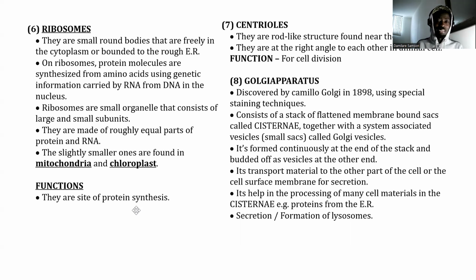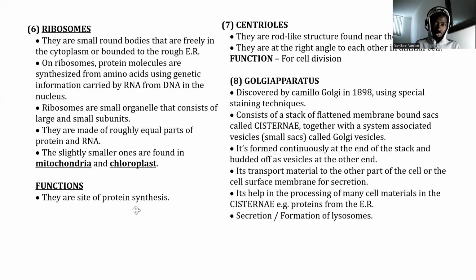So, like I said, these are the amino acids that are used by messenger RNA. Ribosomes are small organelles that consist of large and small subunits. They are made of roughly equal parts of protein and RNA.